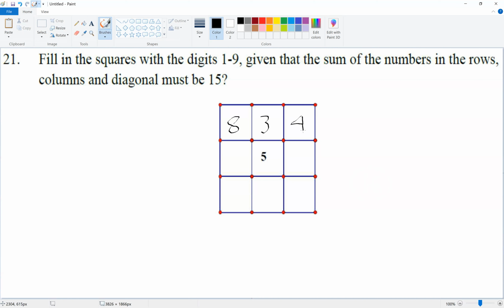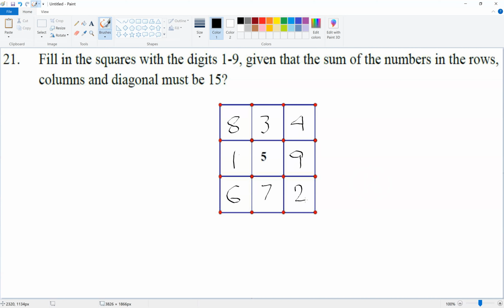And for the second row, it already gives the 5 in the middle. So the first digit, I put 1, and the last digit was 9. And then the last row, I got 6, 7, and 2.